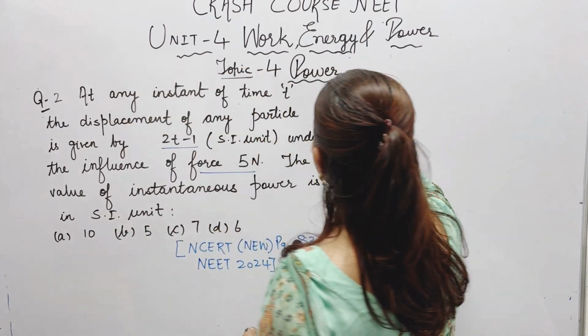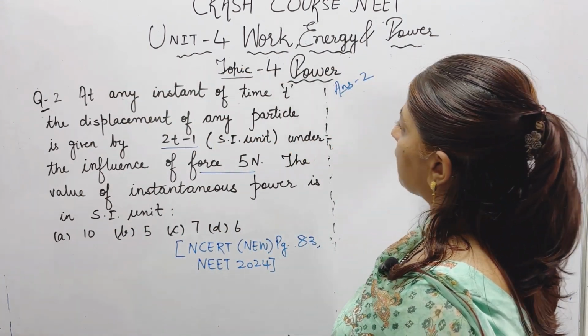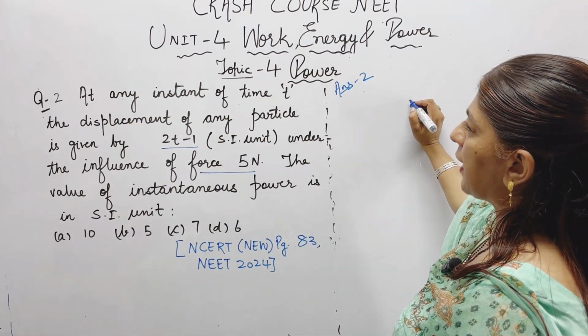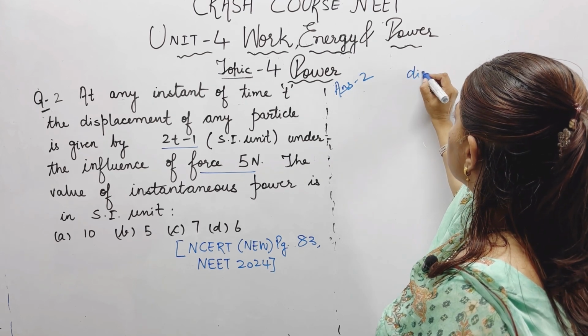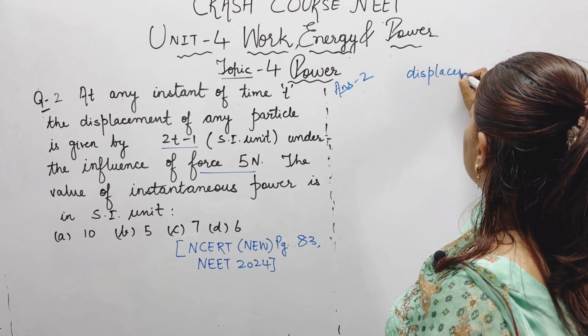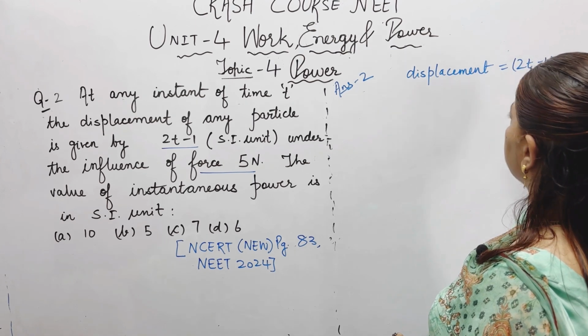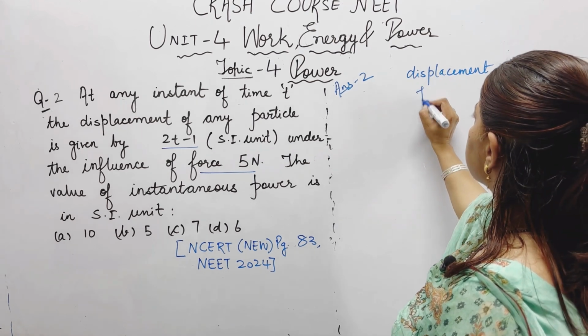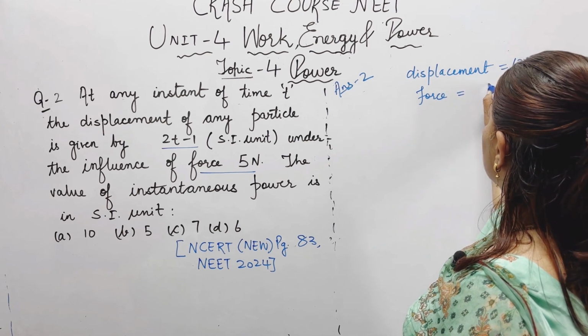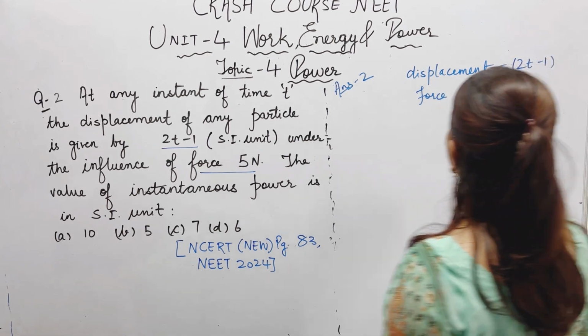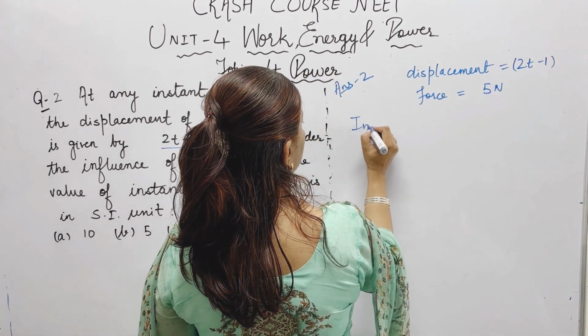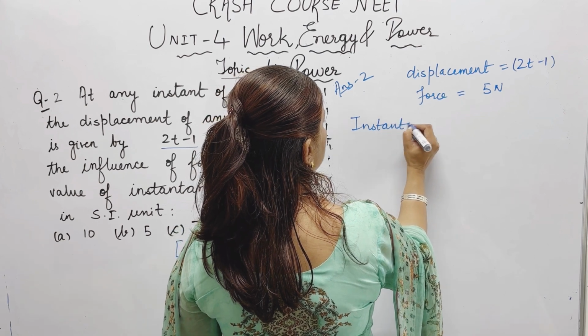So to solve this, let us see whatever things have been given. Here at any time, displacement is given as 2t minus 1, force is 5 Newton, and we are supposed to find the instantaneous power.